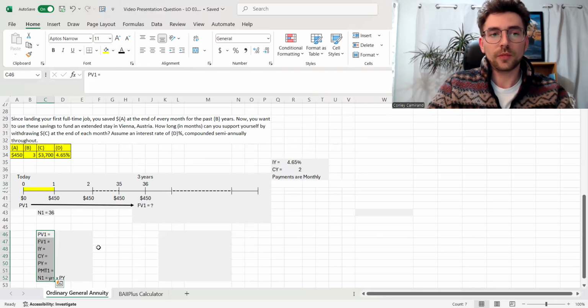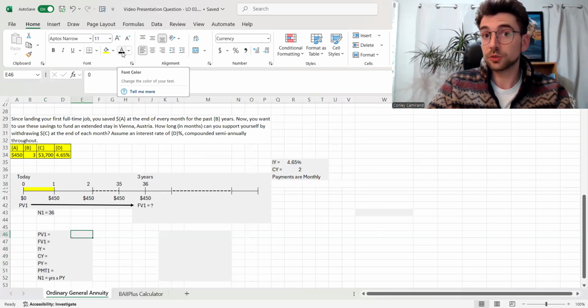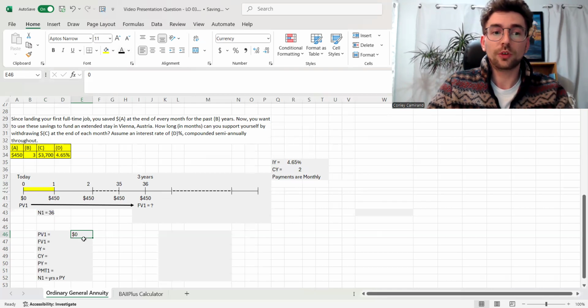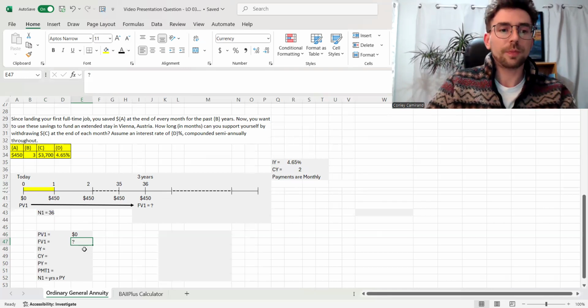Next, we're going to add our variables and solve for it. We have our present value 1, which is $0. We start at 0. Our future value is what we want to figure out in order to figure out the second half.